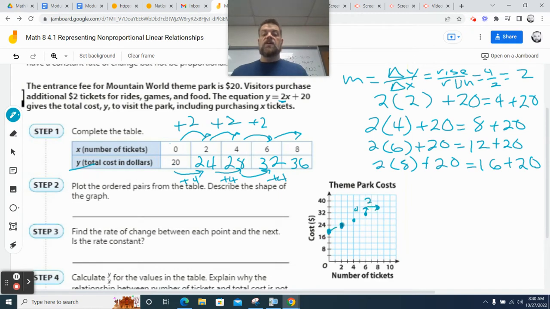That's the rise over run. So that's our line. So it's still a straight line. It's just not going through the origin here. See that O? That means origin. So it says plot the ordered pairs. That's what we did, right? Those are points on the line.